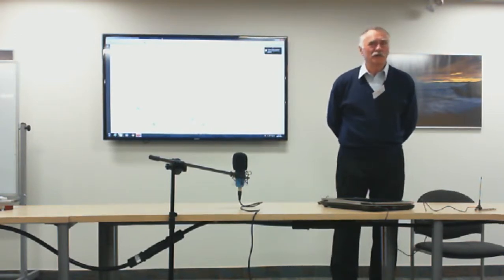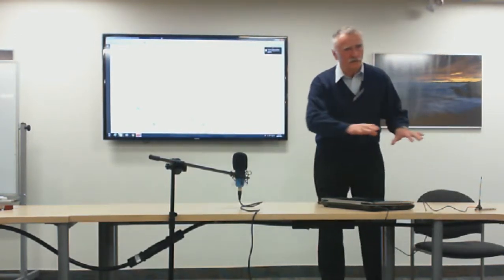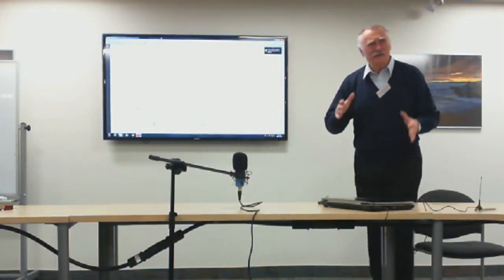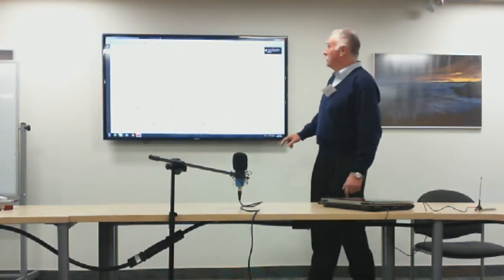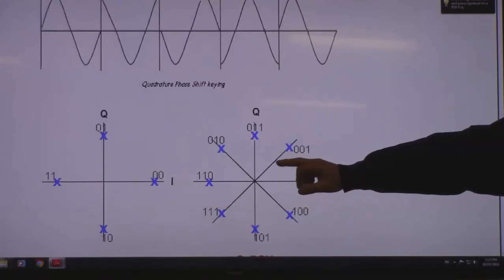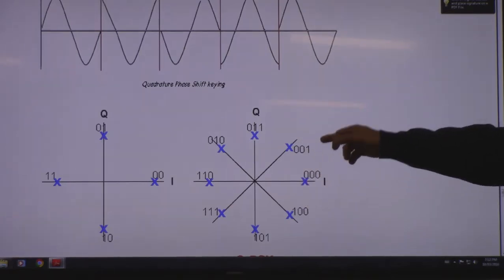The bit rate represents the number of bits per second that are flowing down from the intelligence generator. So the baud rate is always lower than the bit rate. If there are 2 bits for one signal, then the baud rate is half the bit rate. If there are 3 bits per one signal, then there will be 3 bits per baud, meaning that the baud rate is 1/3 the bit rate.